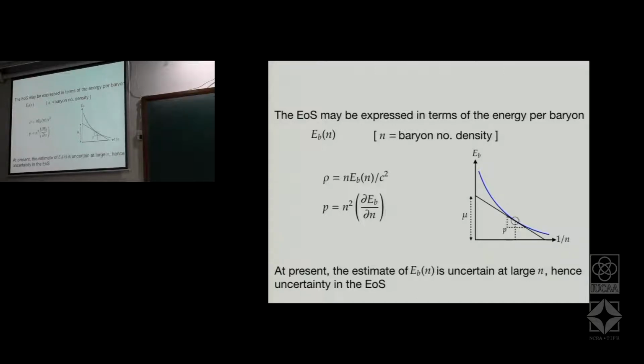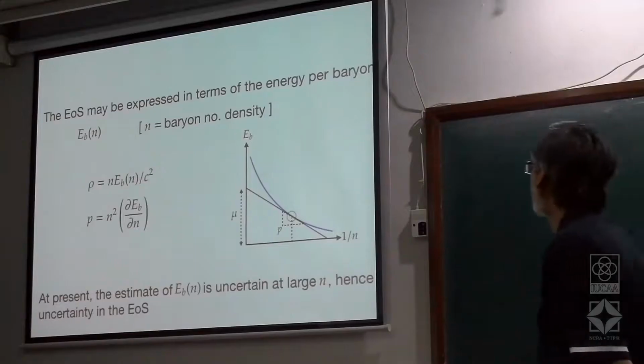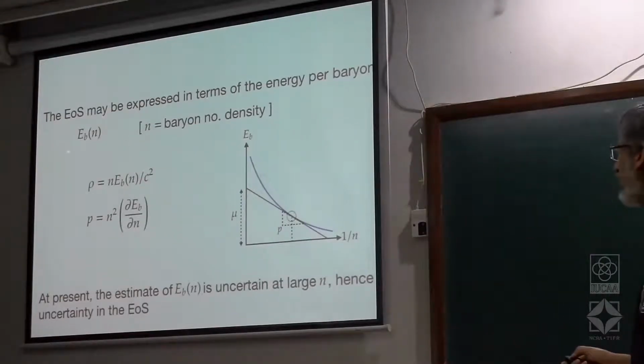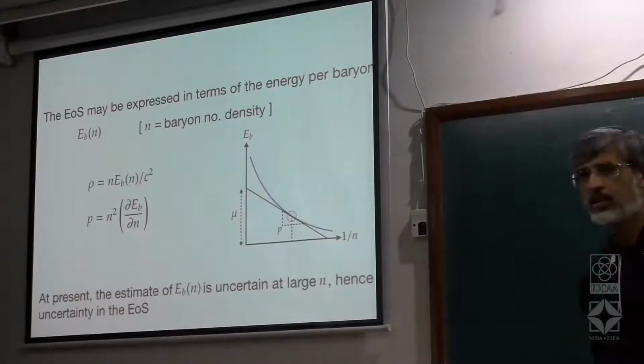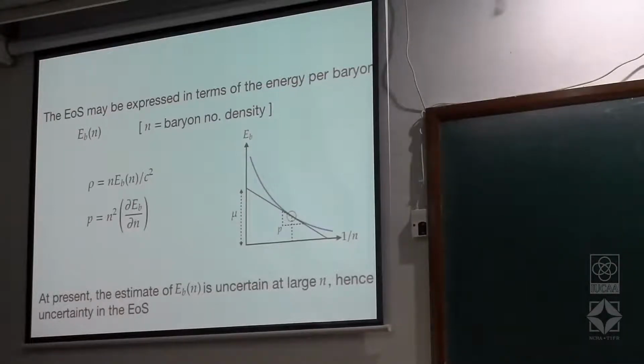So put all the physics that you know, and then you can calculate this. Now once you have this quantity, then you can derive pressure and density from here.